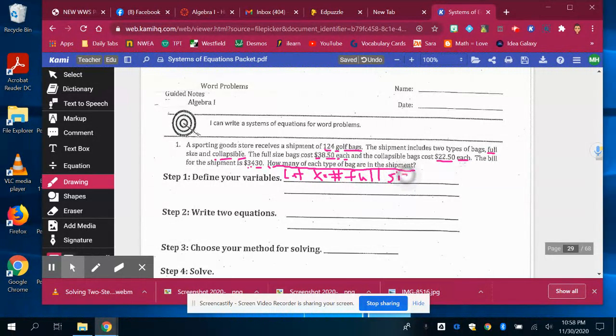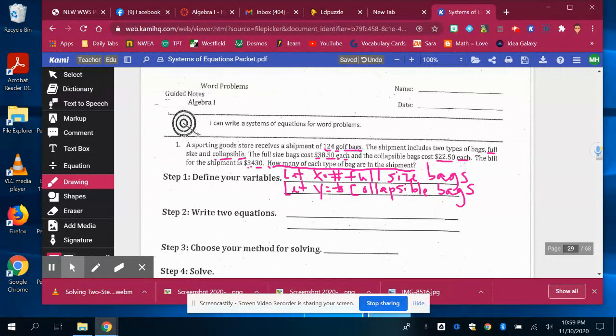And I'm going to let y equal the number of collapsible bags. Now you could use f for your variable and c for your variable so that you can remember what they represent. Totally up to you.